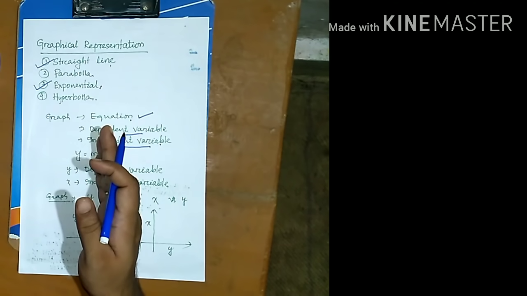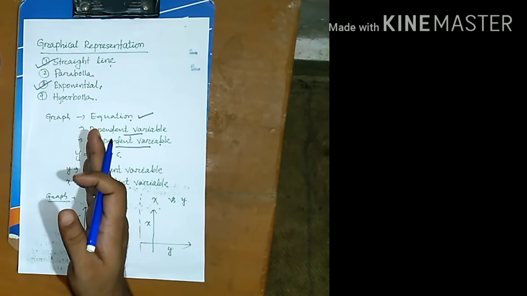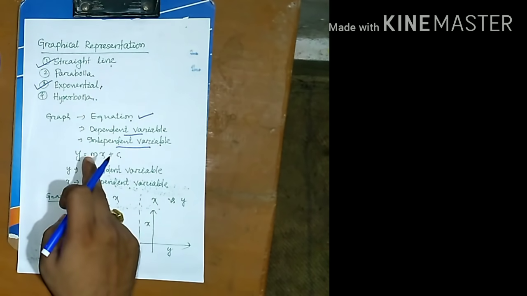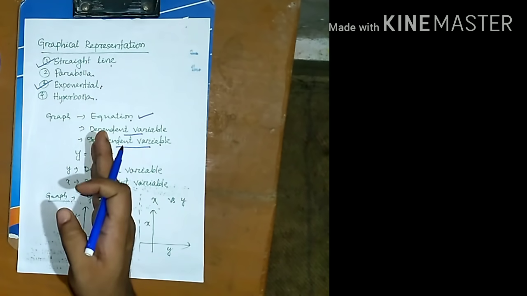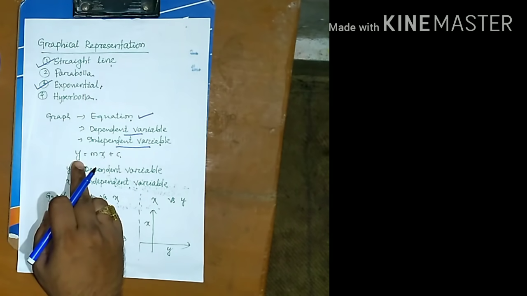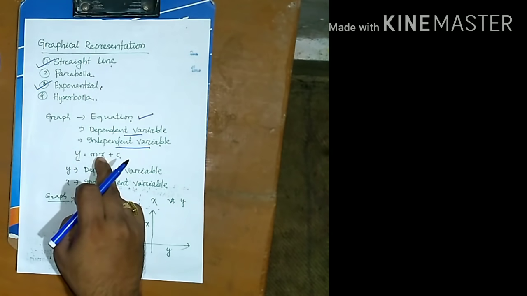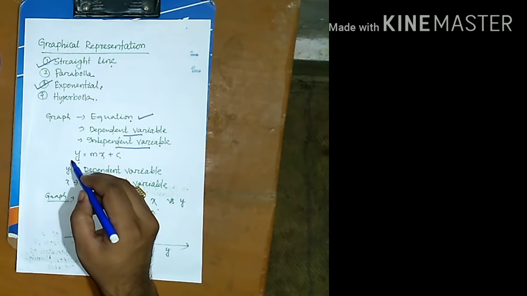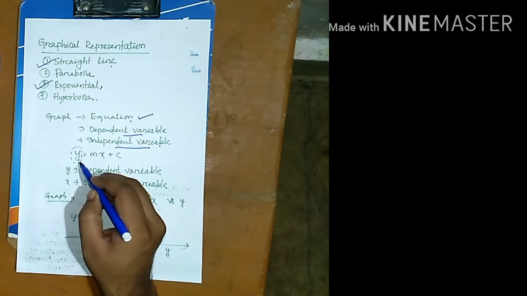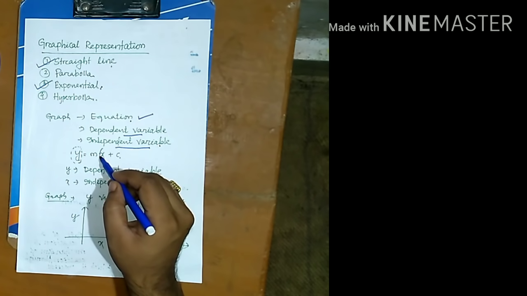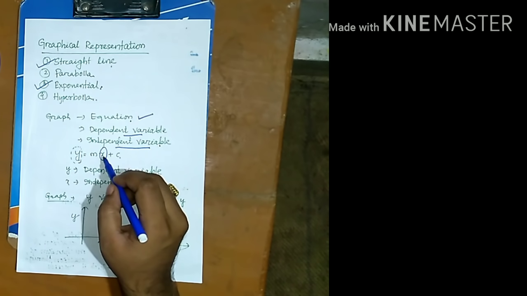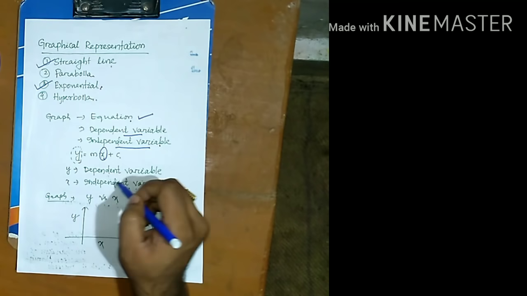Remember, in the equation, on the left hand side I have one variable, that is y, and on the right hand side another variable, that is x. The variable on the left hand side, y, is always the dependent variable, and the quantity on the right hand side, x, is the independent variable.